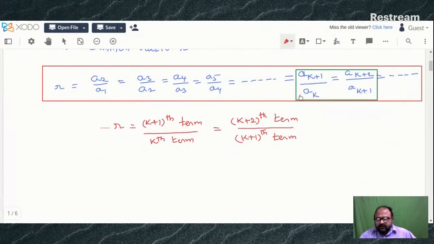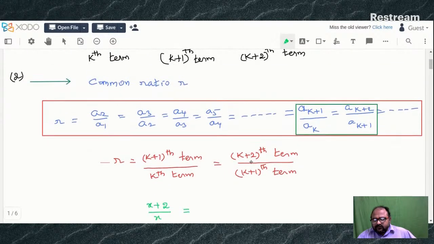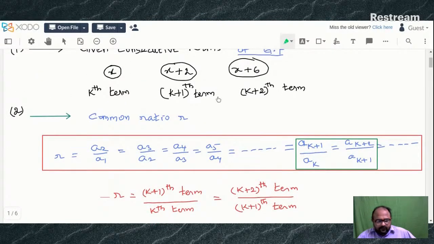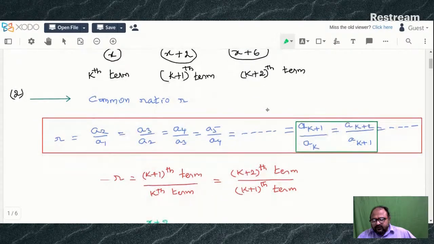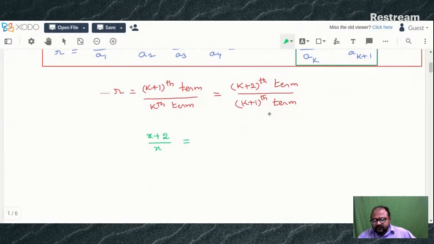So x plus 2 by x. This is equal to, what is k plus 2th term? It is x plus 6. And what is k plus 1th term? x plus 2 is k plus 1th term. x plus 6 by x plus 2.